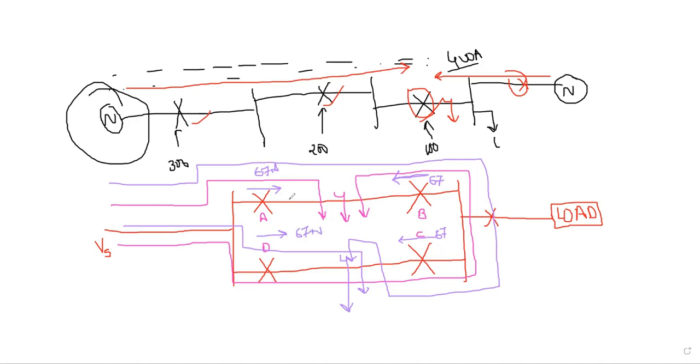Now, in some cases, if it is two phases, no problem. If it is a single phase, with two sources, and a fault occurred here, these breakers will not pick up, because of the directional overcurrent feature.